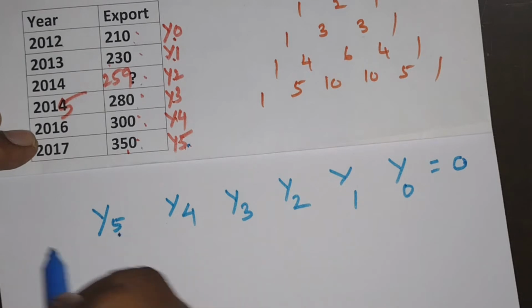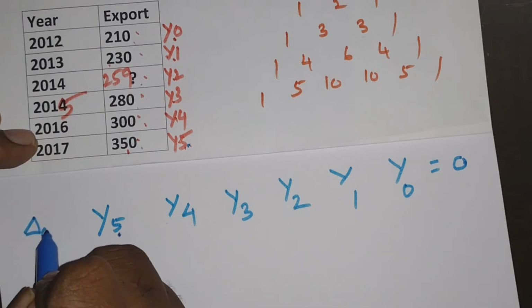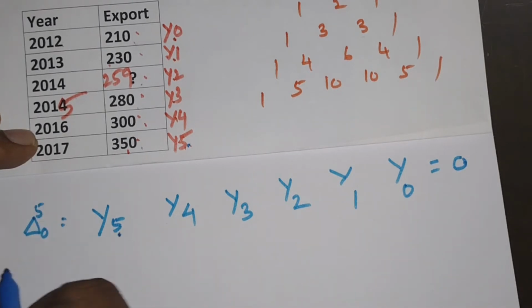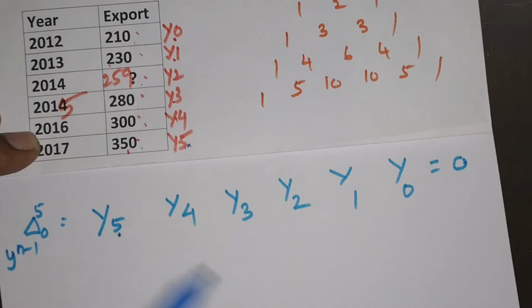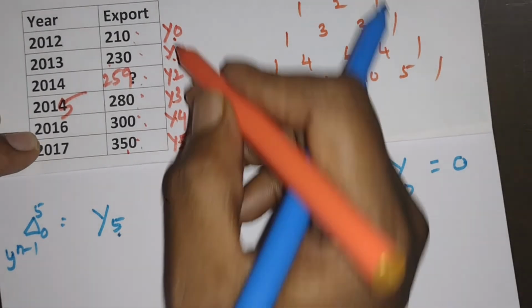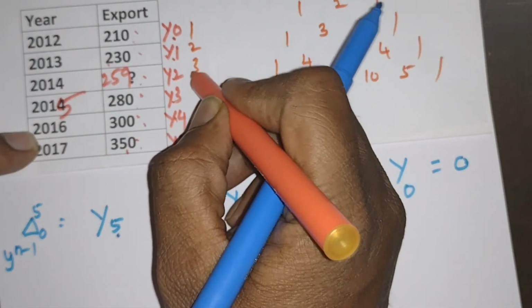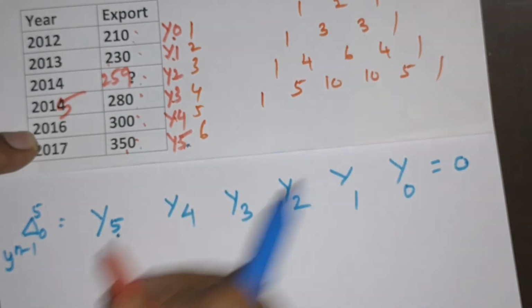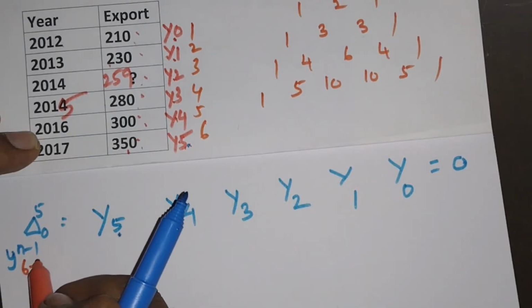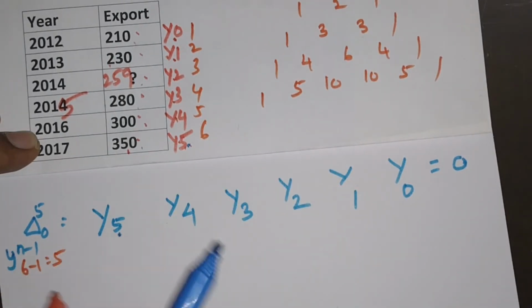Since it is y5, you write delta 0, 5. That is, we have written already, y to the power of n minus 1. What is n? n is 6 values: 1, 2, 3, 4, 5, 6. 6 values are given. 6 minus 1 is equal to 5. That is how it is worked out there.